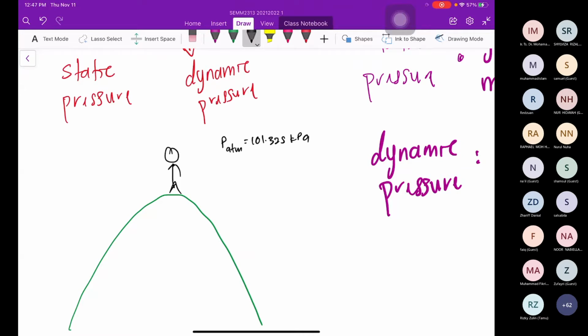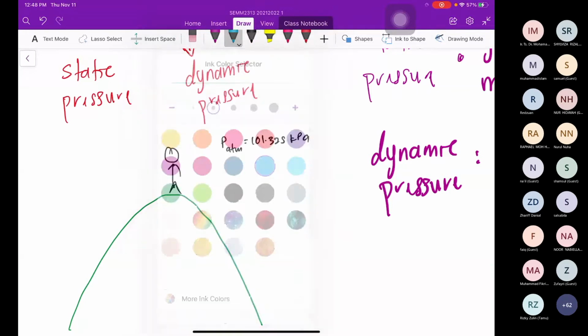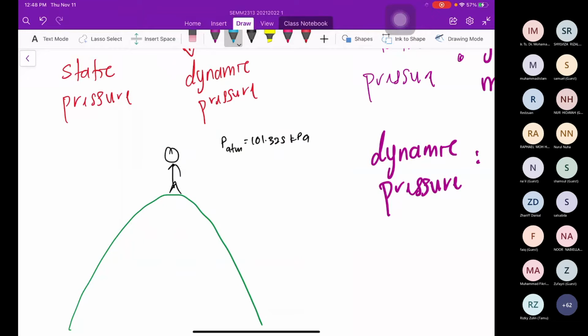Indirectly you cannot feel it, but it basically exerts pressure on your surface. It is not only you, it exerts on everything else.